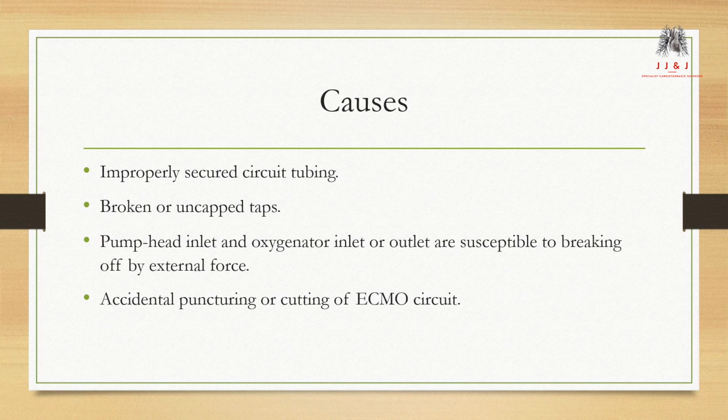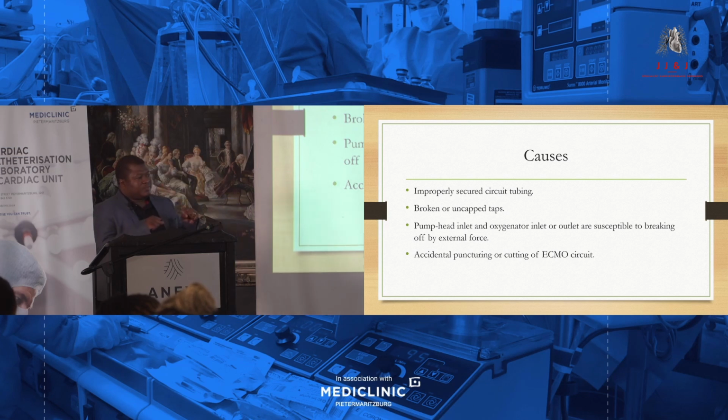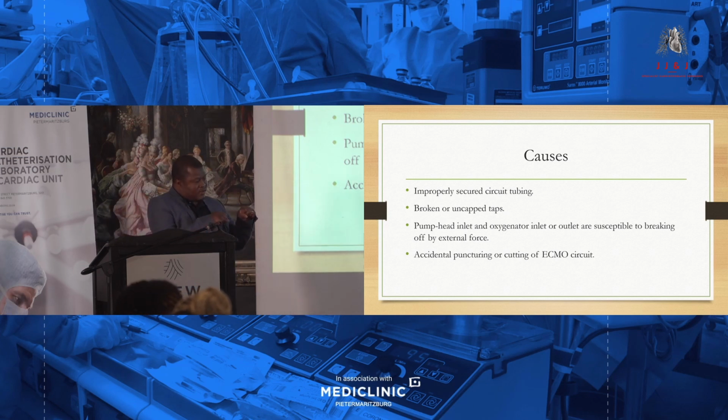Then now, what are the causes of this breach to occur on the system? It's either improperly secured tubing, where you find the surgeon, when they're cannulating and connecting the arterial line to the cannula, doesn't push the tubing right into the connector. It's just sitting, and then you can have that separation where you have a breach.